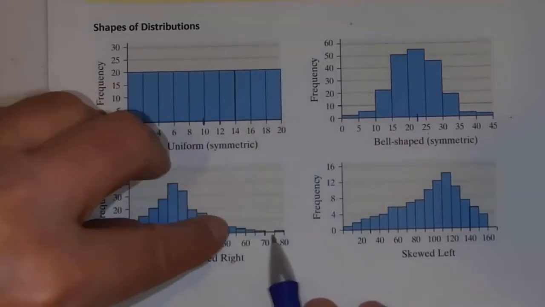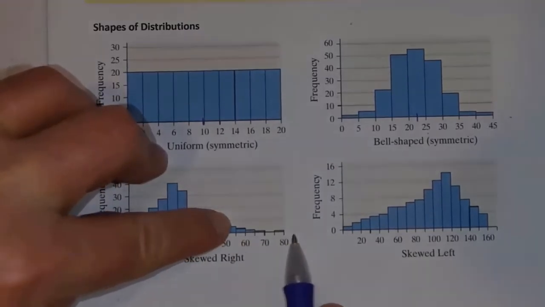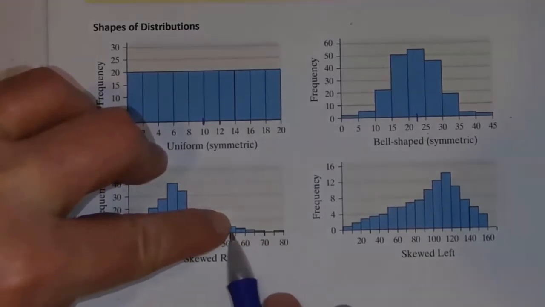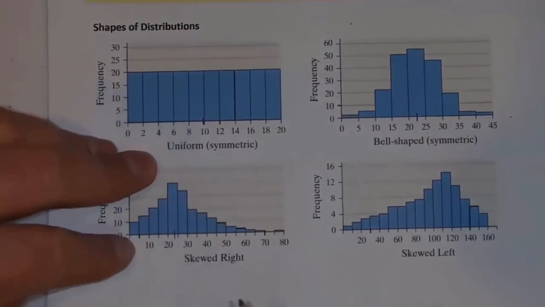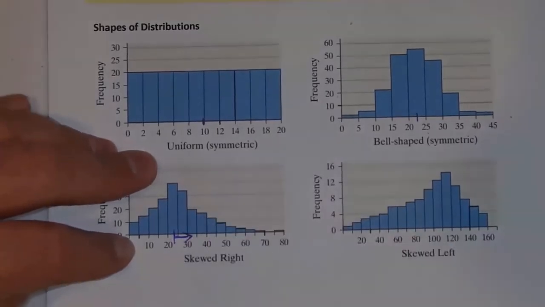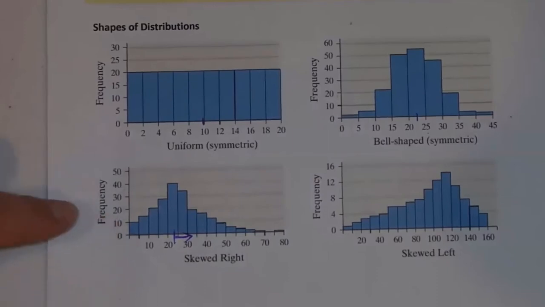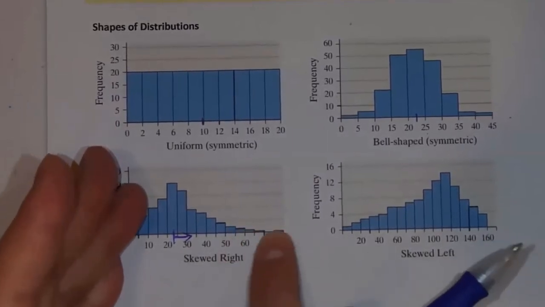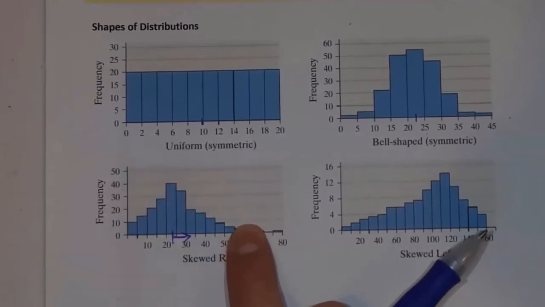But what this tail is indicating is that I've got a few large values. And so when I average in those few large values, they're going to pull the average up. It's going to pull the average to the right, which is why we call this a skewed right distribution. That tail is indicating a few large values, which is going to skew the mean, skew the average, to the right.